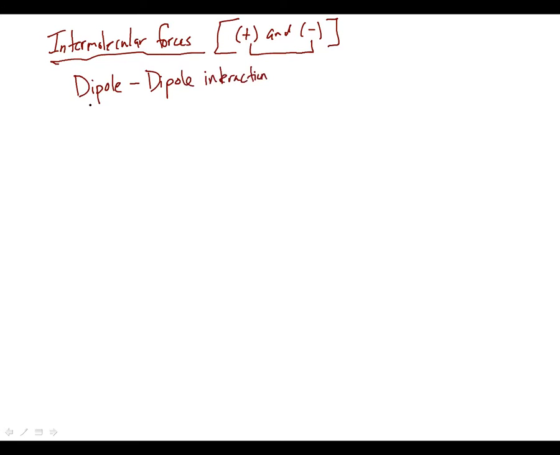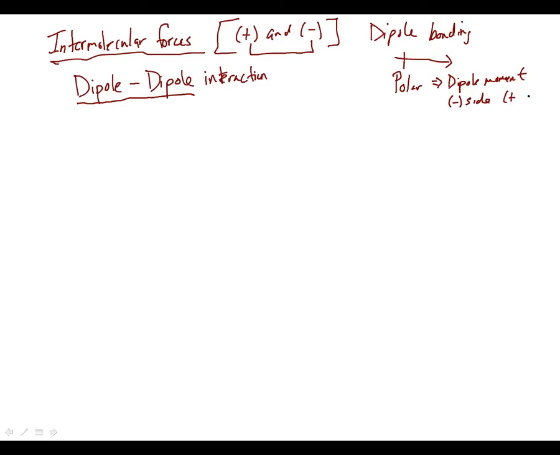Our dipole-dipole force. And you might remember dipole from bonding. When we talk about dipoles, those were like those little arrows that we drew when we did bonding. And if a molecule is polar, it will have what is known as a dipole moment, which is basically a fancy way of saying there is a negative side to the molecule and a positive side to that molecule.